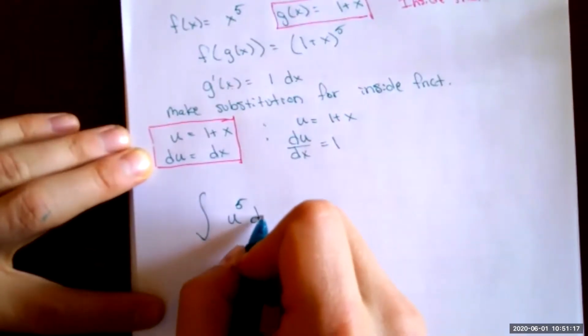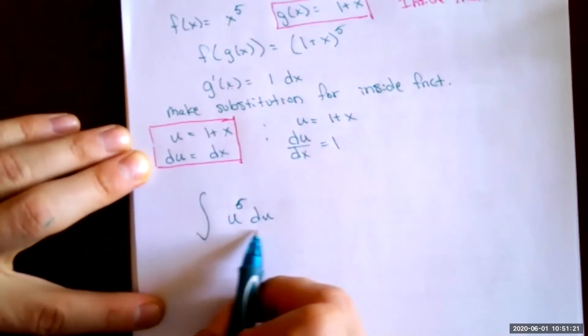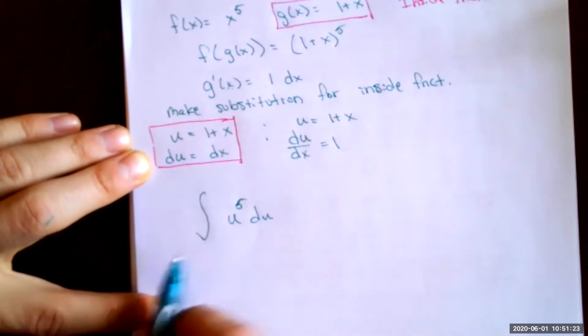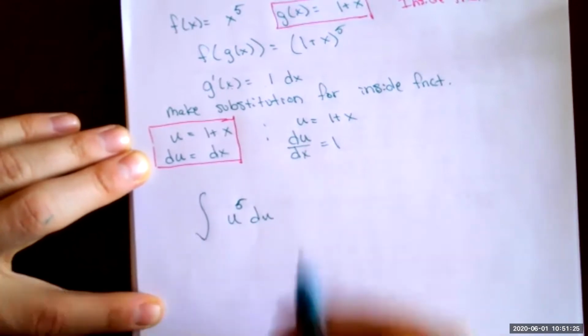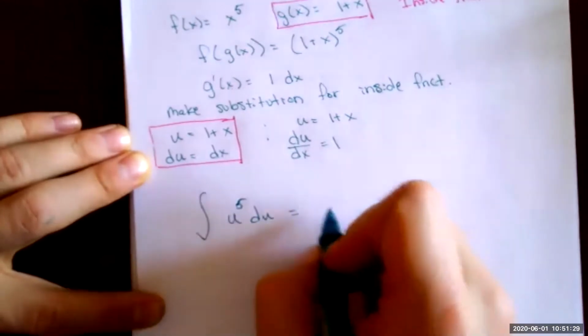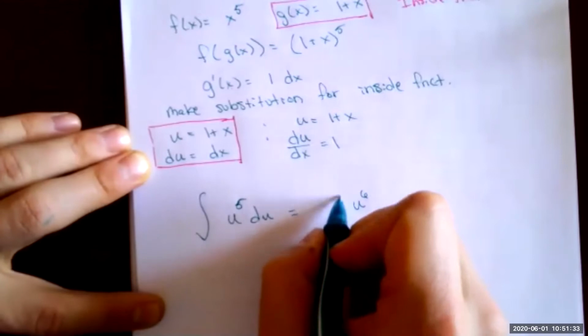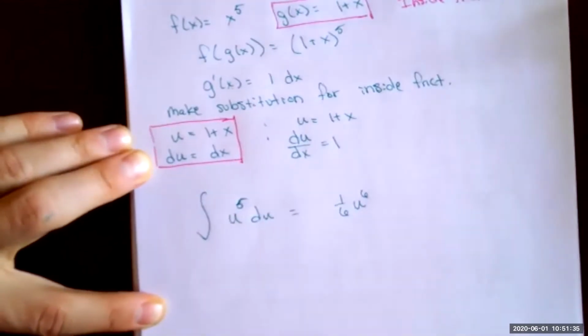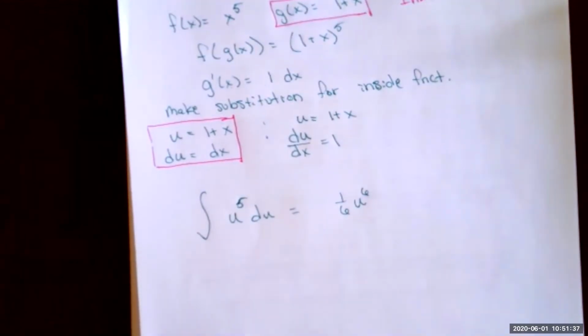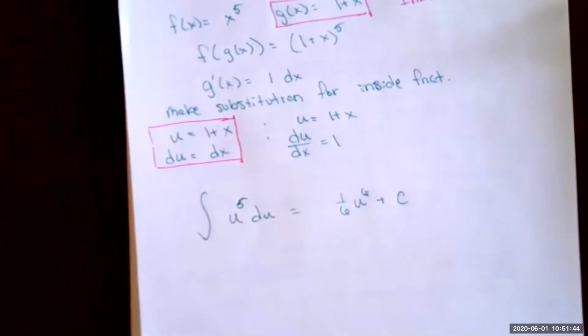So we're substituting out both the variables in the function as well as the differentials. And this is an easy function to integrate now. What is the antiderivative? We just raise the power and then divide by the power. So I like to keep the constants out front, so I just write it as 1/6 u to the 6th, and then we have our constant of integration still hanging out there.